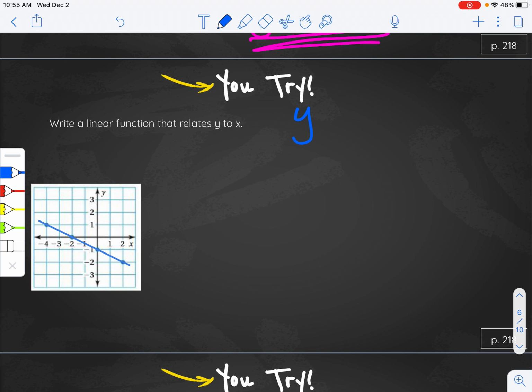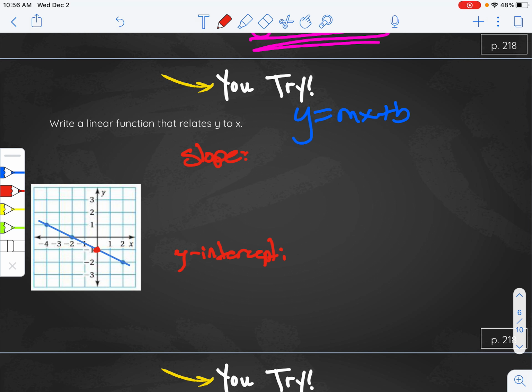Welcome back. We know we need an equation in this form, that we need to find our slope, and we need to find our y-intercept. We start by finding our slope by just taking any 2 points on this graph.